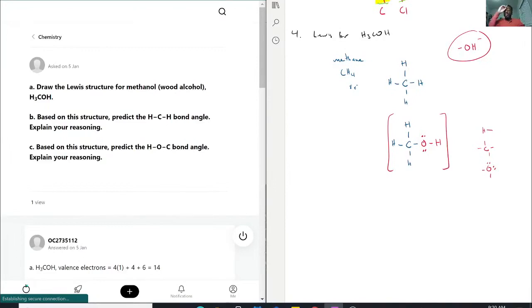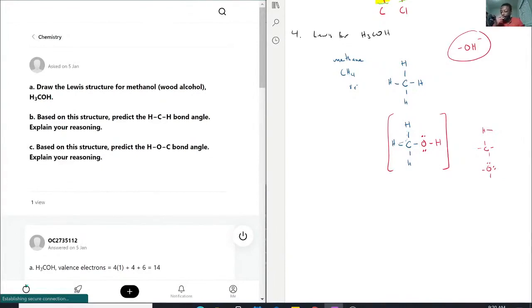Now the question is asking us, based on this structure, to predict the HCH bond angle. Okay, so they're looking for the bond angle of one of these. In order to do that, we first need to understand what type of bond we're dealing with for both of these.